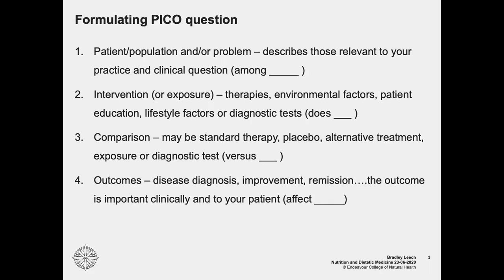This comparison may either be a placebo, it may be standard care, conventional care, or it may be a medication such as metformin. Whereas the outcome are the markers in which you are investigating the change. This may be particular pathology markers, a PROM, a patient-reported outcome measure, or other clinical outcomes.